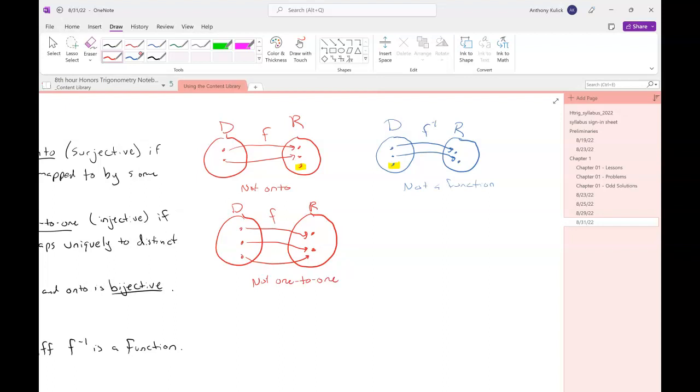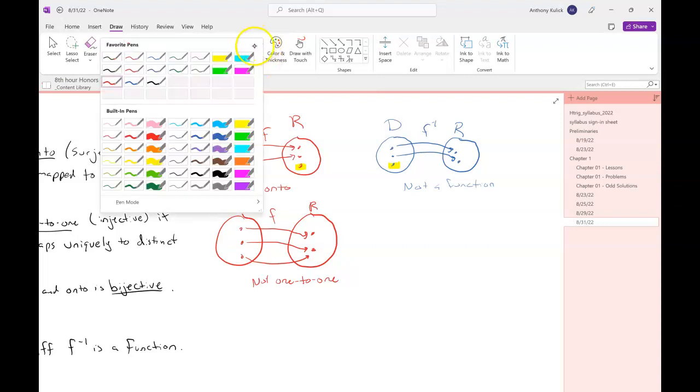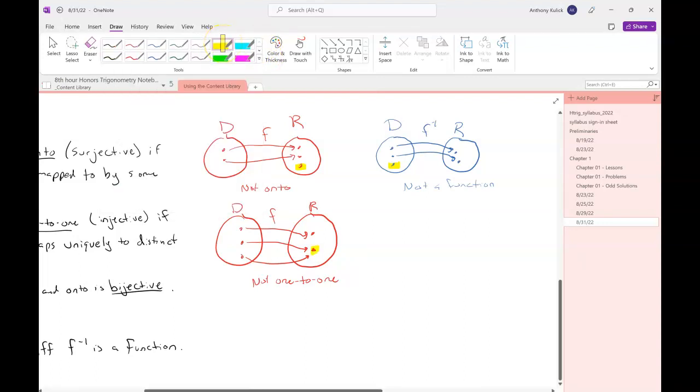Here we notice that this function f is not one-to-one, because one of the things in the range is mapped to by more than one domain element. The domain elements aren't mapped uniquely to distinct range elements. So here we have two domain elements going to the same range element. That makes that function not one-to-one.